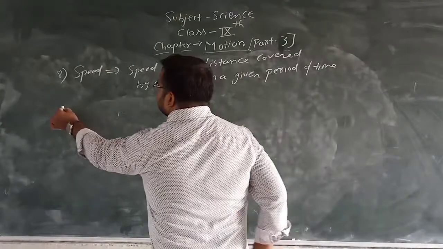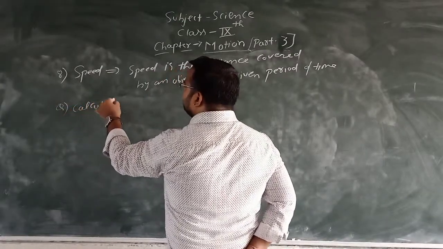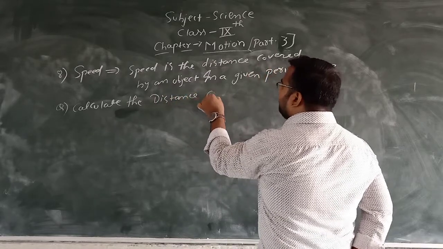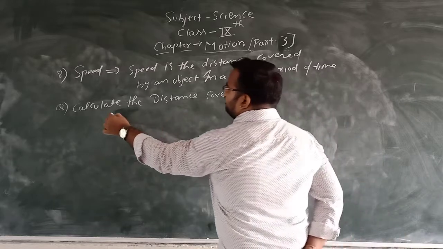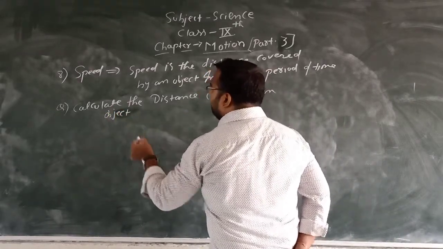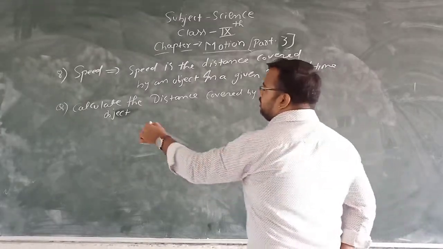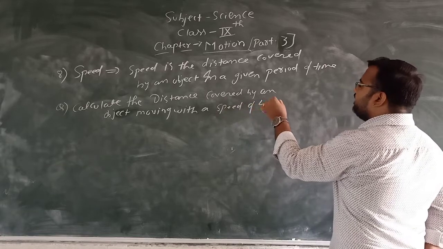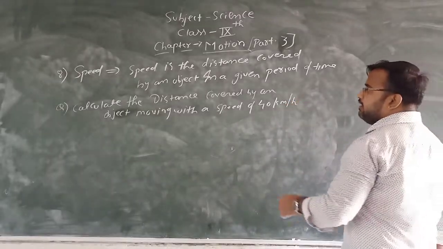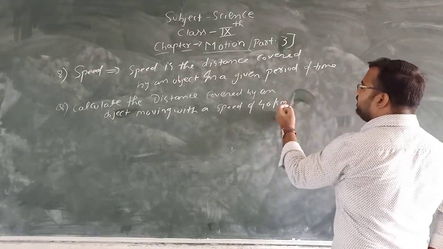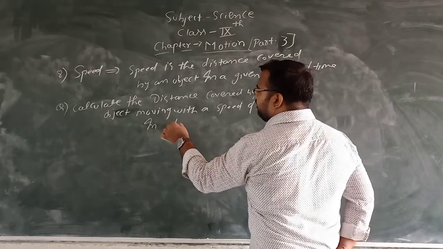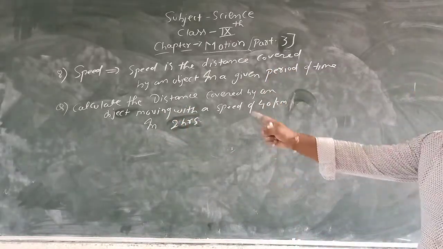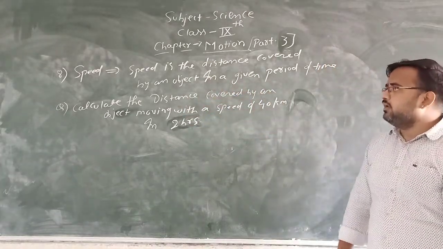So the question is: calculate the distance covered by an object moving with a speed of 40 km per hour in 2 hours.